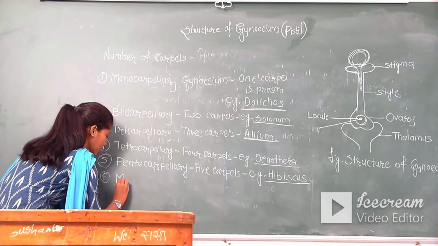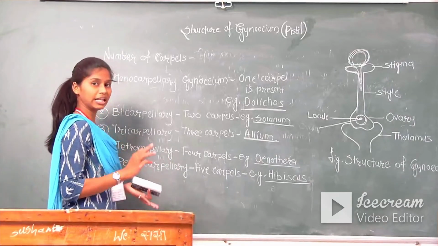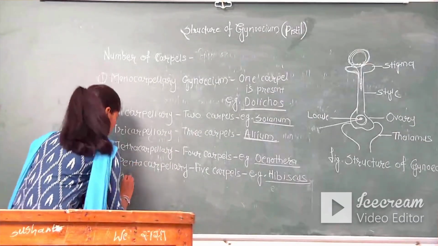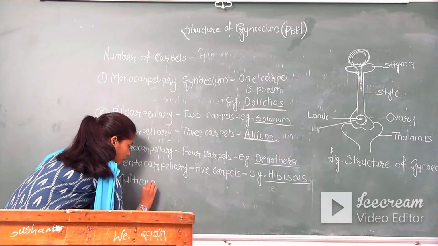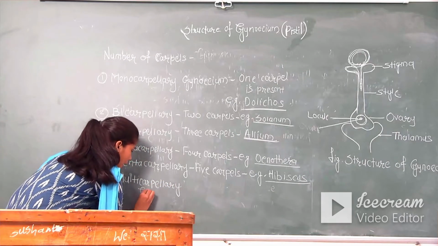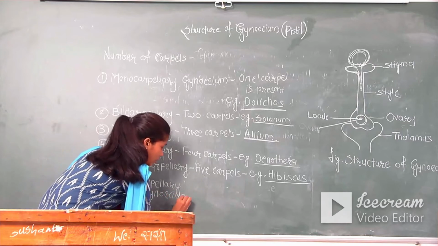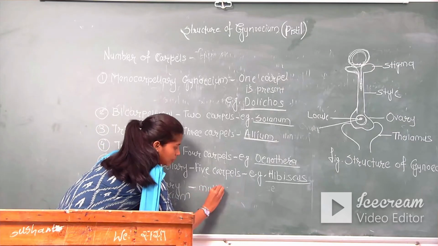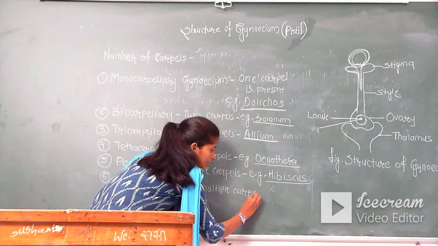Next, if more than five carpels are present, then that gynoecium is known as multicarpellary gynoecium. Multiple numbers of carpels present.